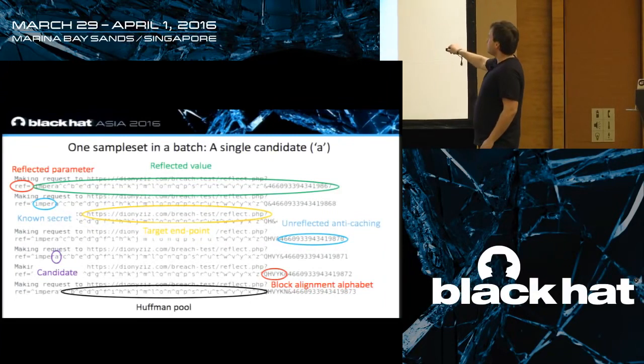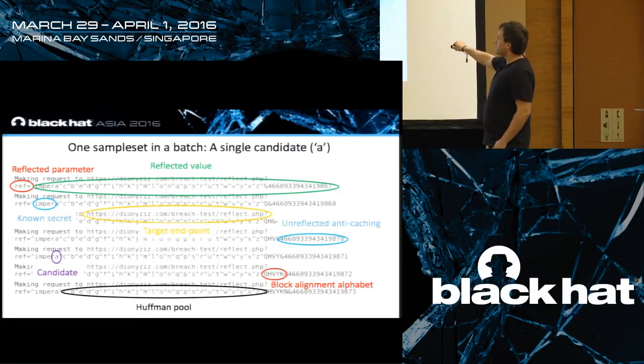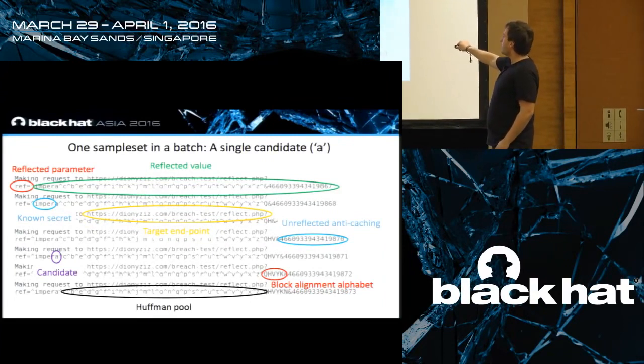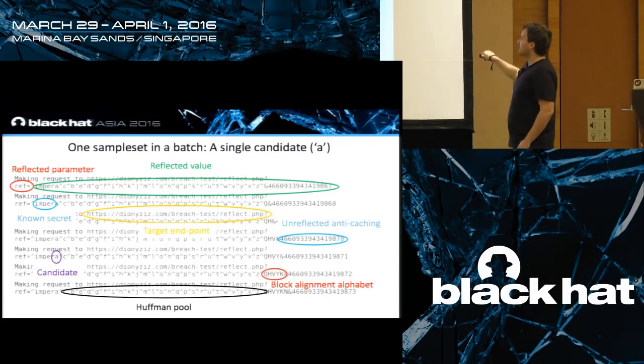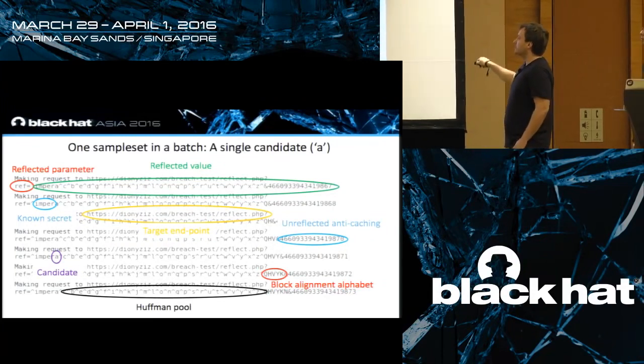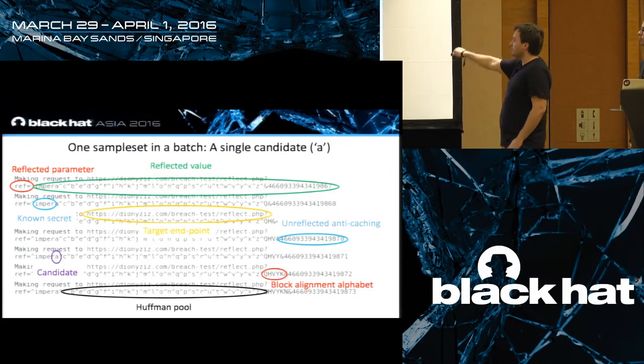And then there is a reflected parameter called ref and the equal symbol. And then we have the reflection value. And this is exactly what we're searching for, for example, in Gmail. And here you can see a prefix of the secret that we know, in this case is impaired. And then we have the candidate that we're trying, which is A. And so you can see all of these requests contain exactly the same guess.